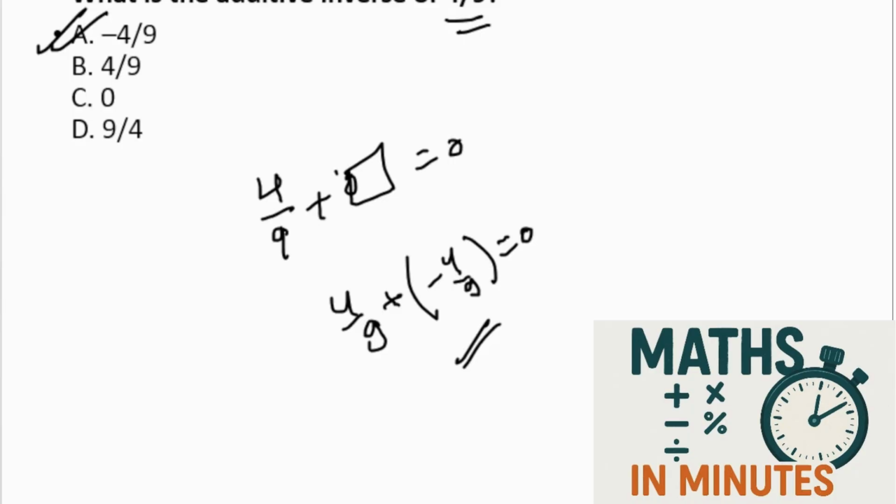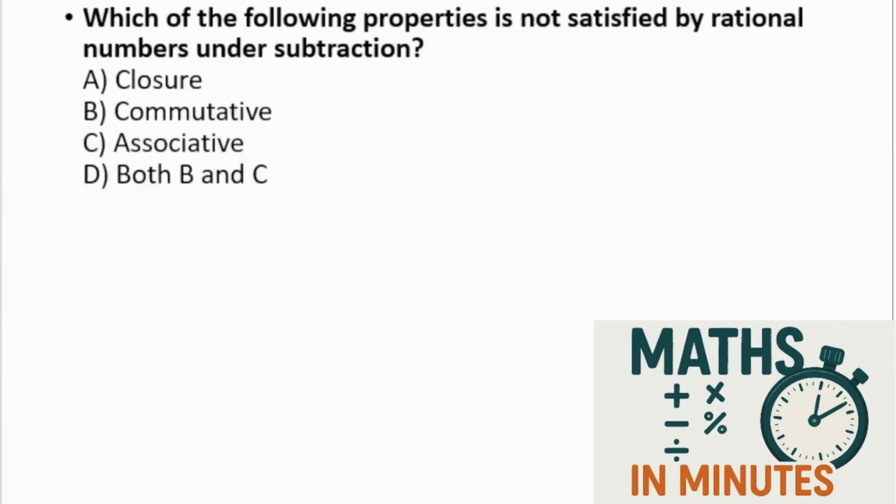Okay, next question is, which of the following properties is not satisfied by rational numbers under subtraction? Try this question. So as we know, closure property is satisfied by addition, subtraction, multiplication but not division, right?